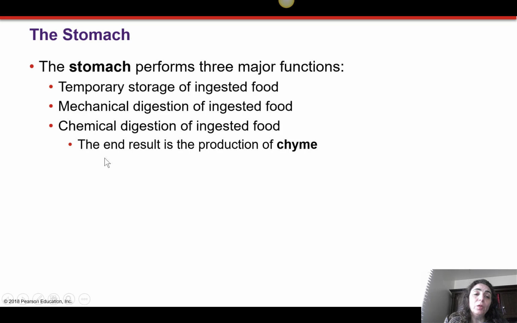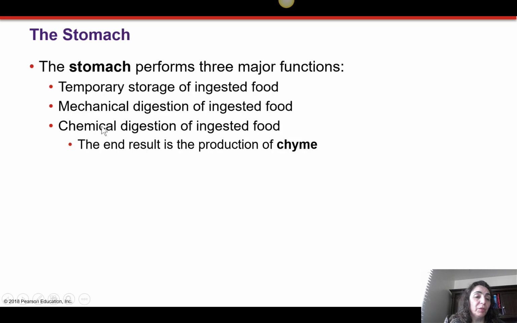Then the stomach performs mechanical digestion of the ingested food. We have some movements of the stomach back and forth that make the food mix with each other and break down into smaller pieces mechanically.